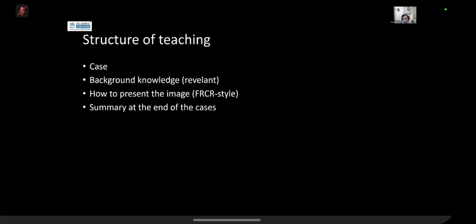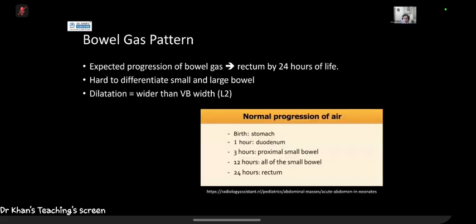Okay, so without further ado, first I'm just going to give you a quick introduction into how we interpret neonatal bowel gas pattern. There is an expected progression of bowel gas, and you see it really in the rectum by 24 hours of life.